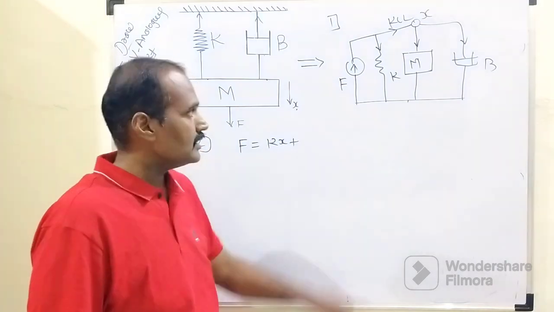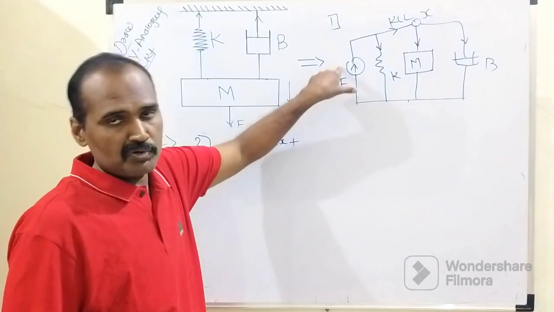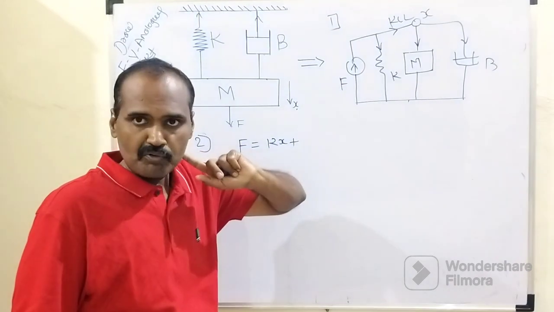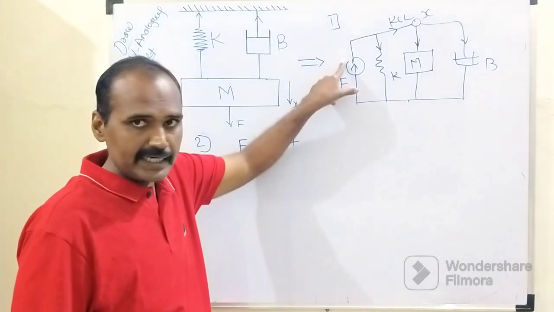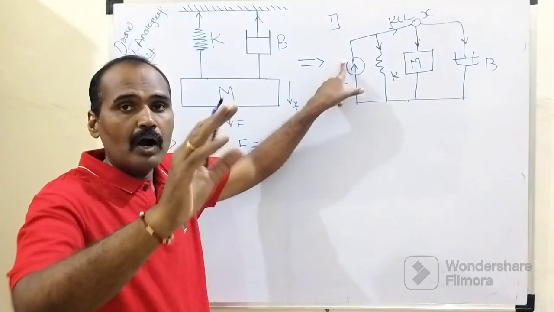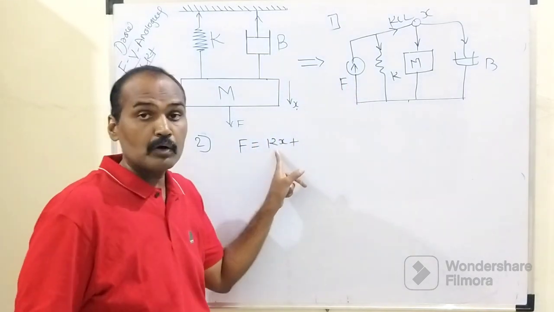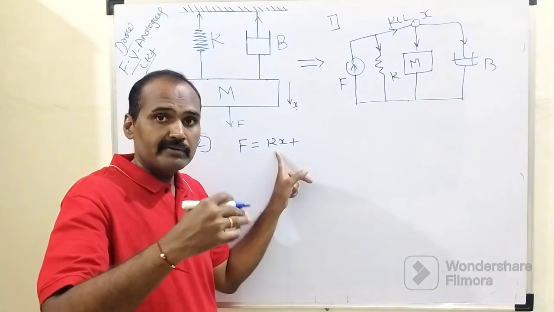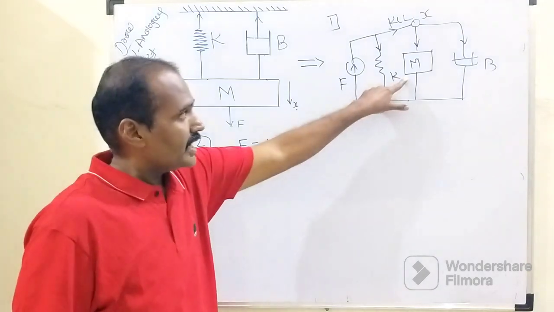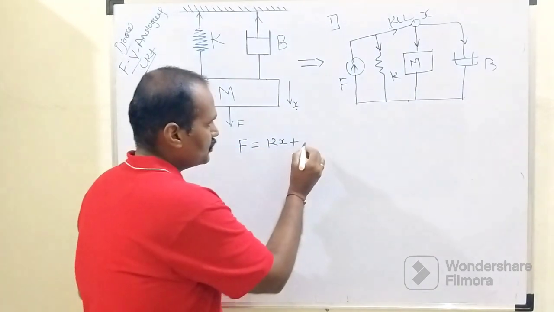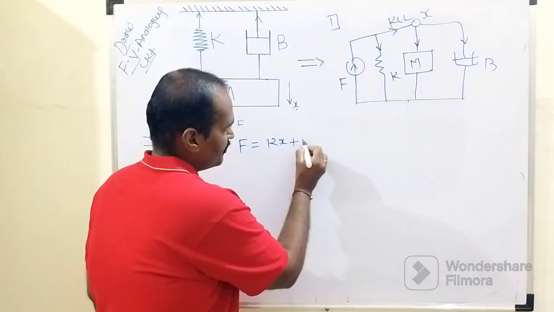In terms of forces, the sum of incoming forces equals the summation of outgoing forces. So there will be only one incoming force and there are 3 outgoing forces. Out of those 3 forces, the force equation for the spring, according to its basic definition, will be K into x plus.